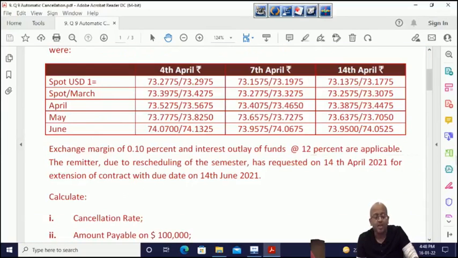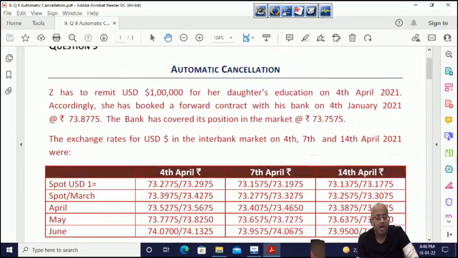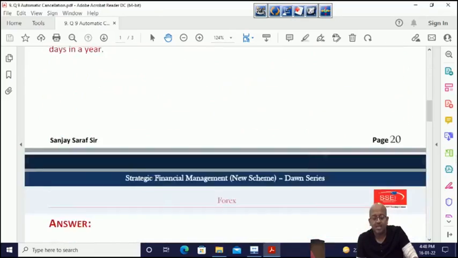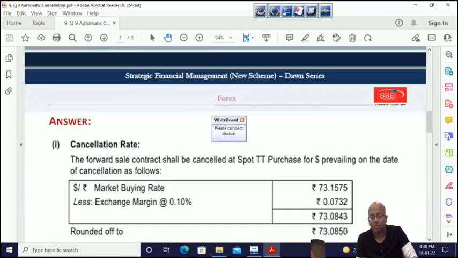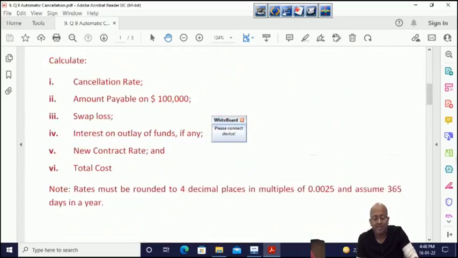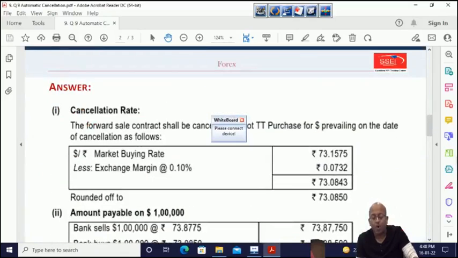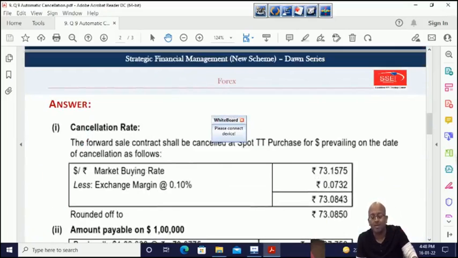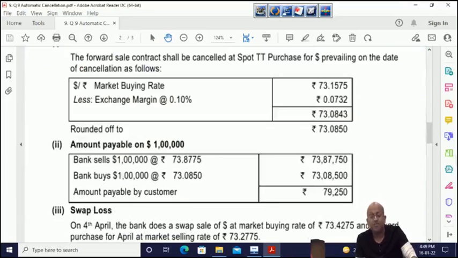The cancellation loss is 73.8775 minus 73.0850, the whole multiplied by 1 lakh. What does it come to? On the calculator it's coming to 79,250. Okay, that's the amount.